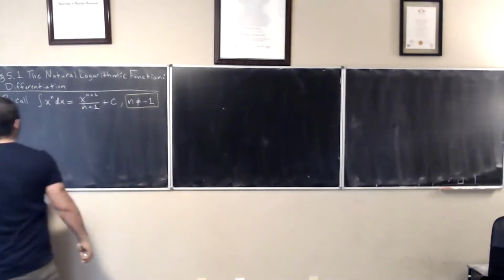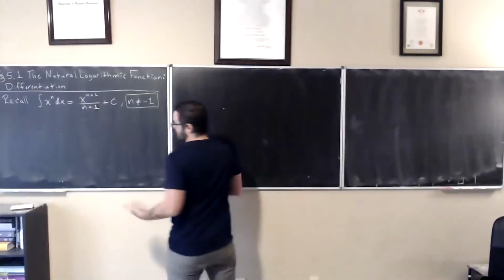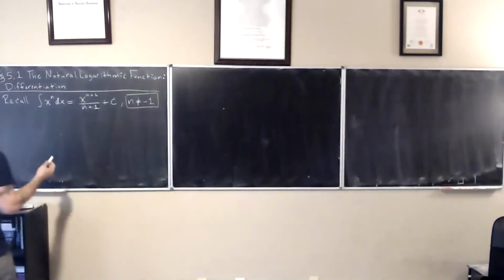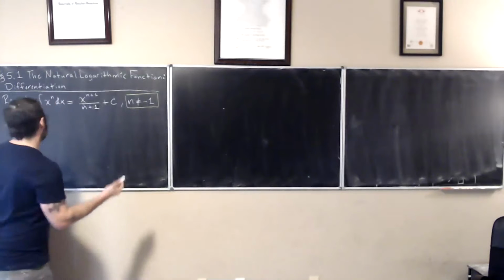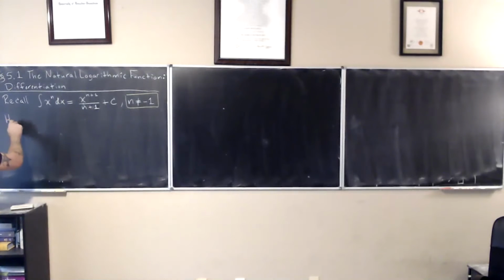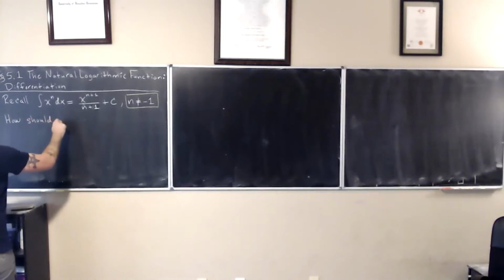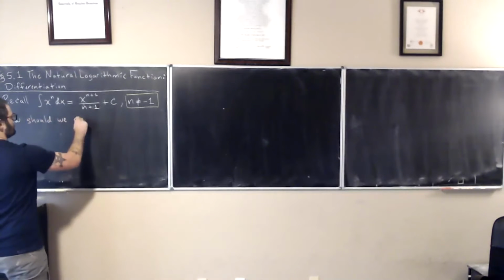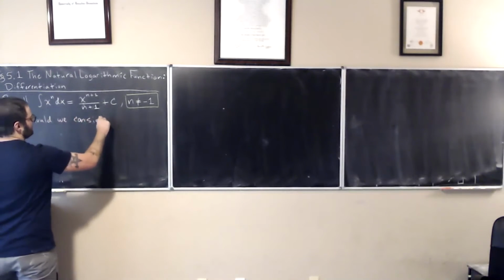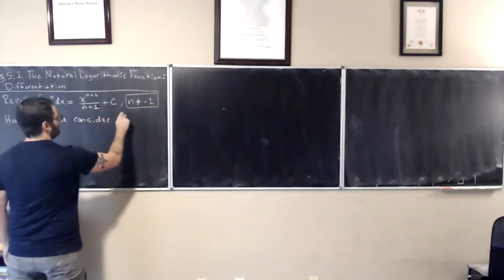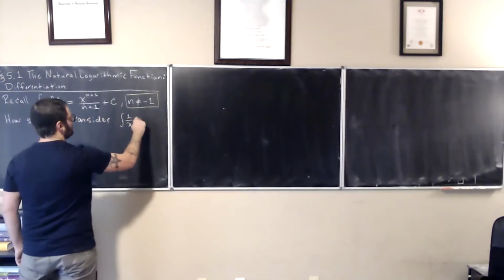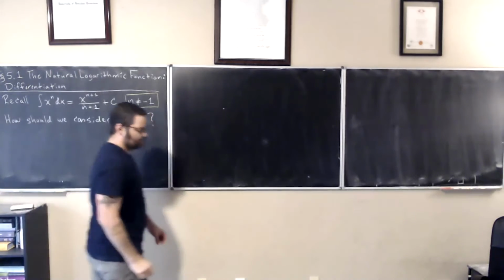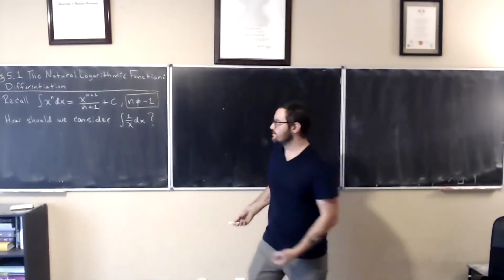Okay. Now that specification that n was not equal to -1 was important, right? And in particular, currently we don't know how to find the antiderivative of 1 over x, right?